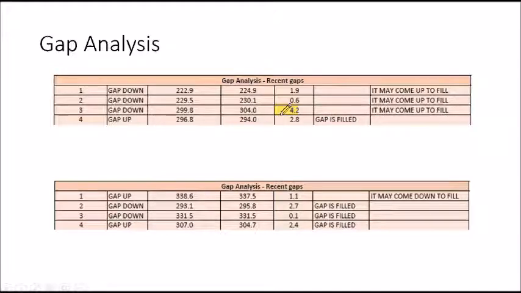It is likely to be filled in the coming trading sessions, but it is not sure whether it will be tomorrow or the day after. It depends. So this is just the last four gap up or gap down. There is no highlight here, but I'll be providing some highlight also. If the stock is near this level, it will highlight this.